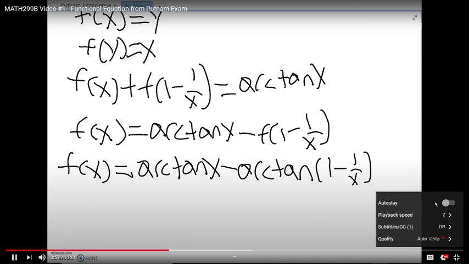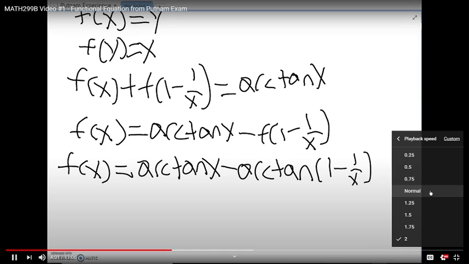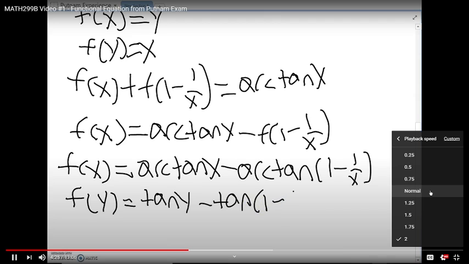Okay, so now that we have that, we can switch the x and y values on both sides. So what I can do now is the following. f of y is equal to tan y minus tan of 1 minus 1 over y.